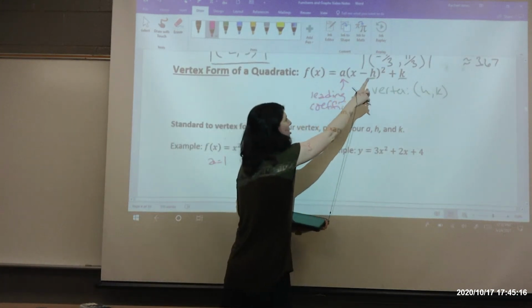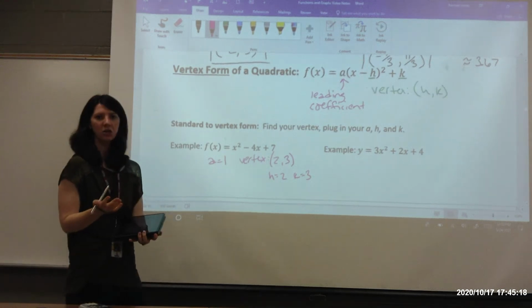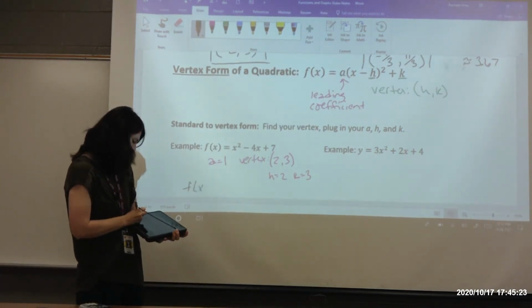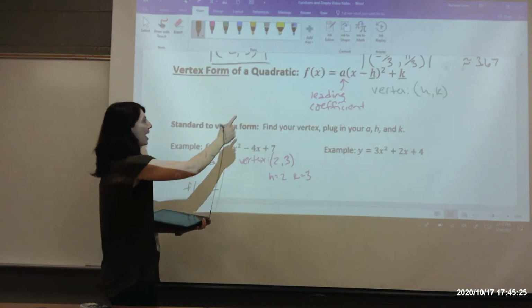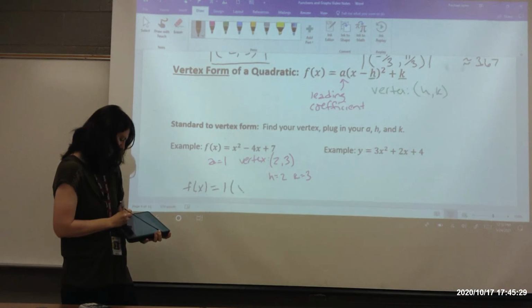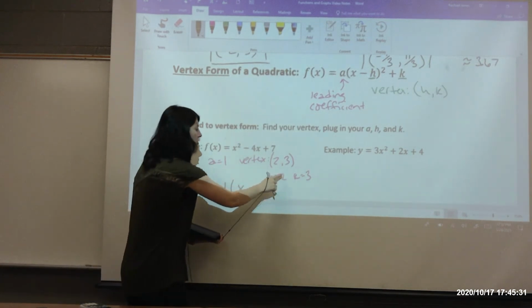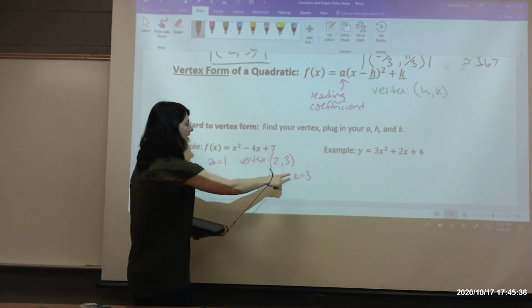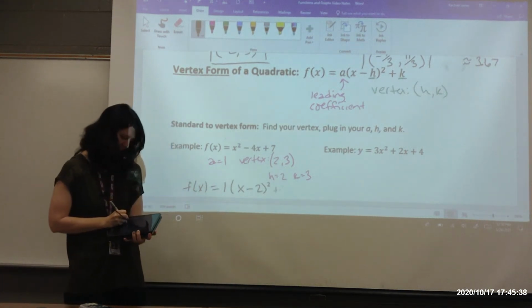We have an a, h, and k. So now we just got to plug it into our formula. So we're going to say f of x is equal to a, which is 1, parentheses x minus h, which is 2, squared, plus k, which is 3.